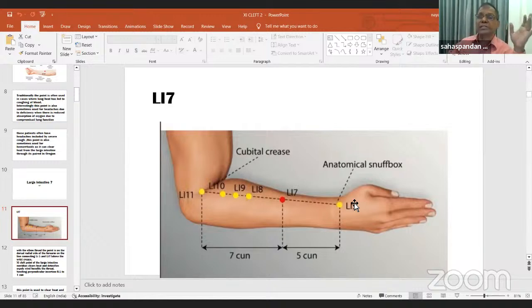So this is LI5. See in the picture, it's LI5 and LI11. So draw the line here.